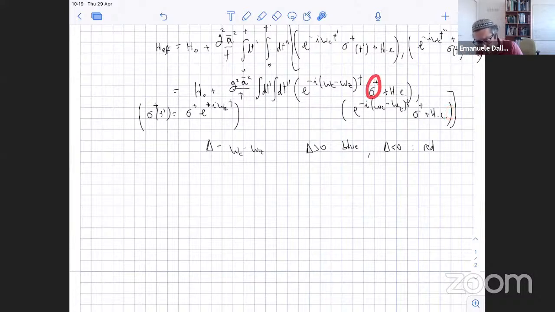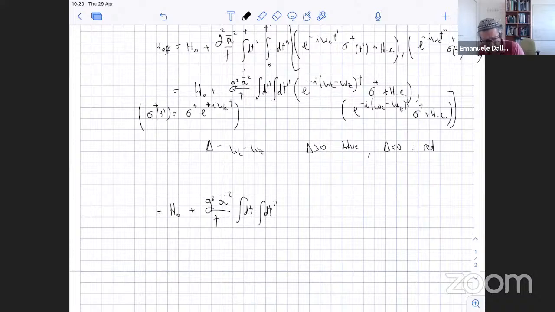What this gives you is H0 plus g squared a bar squared over t, integral dt'' times the commutator of sigma plus and sigma minus, which is 2 times sigma z.